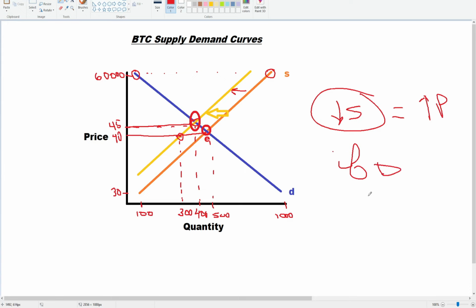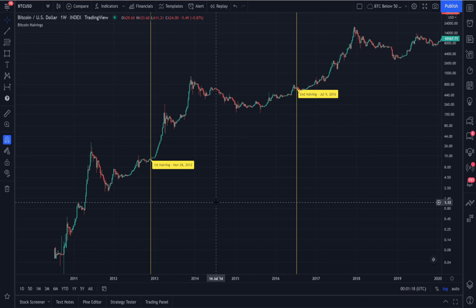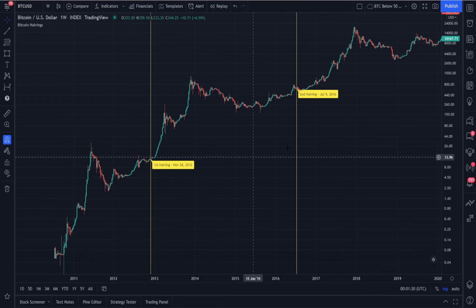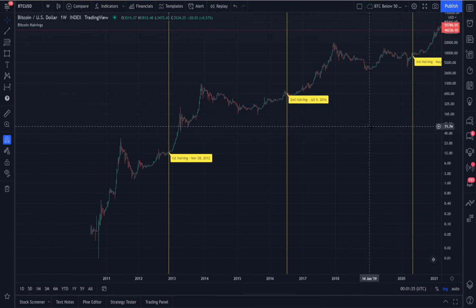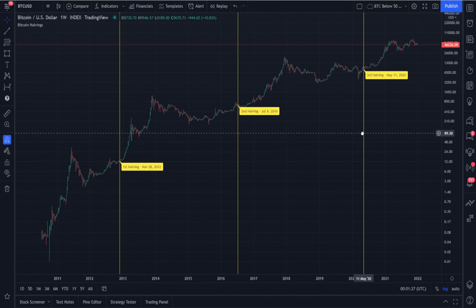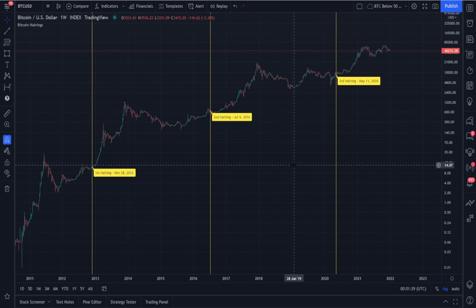And in this case, we can say that demand relatively remains stable, as we've seen, but the supply decreases. So that is what has been causing the relative stability of these market cycles thus far, giving us the appearance of 4-year market cycles.